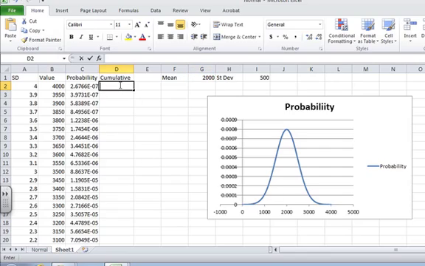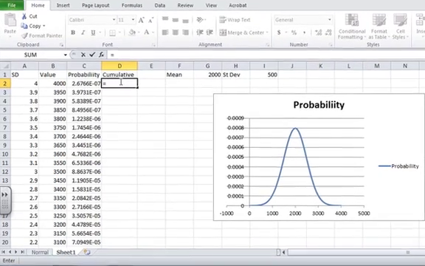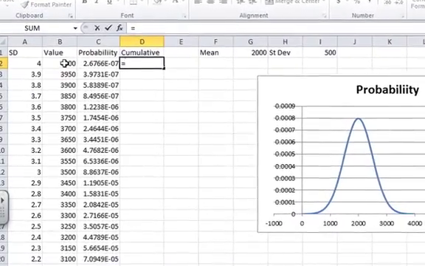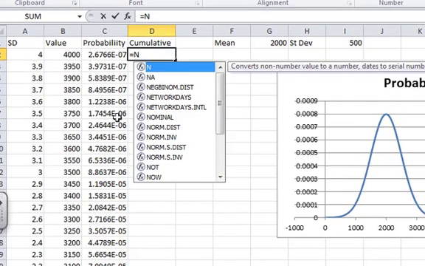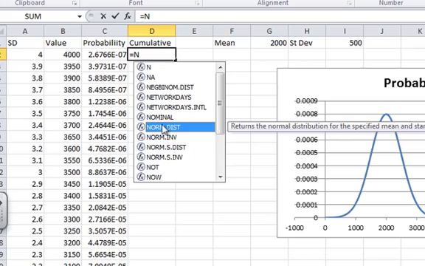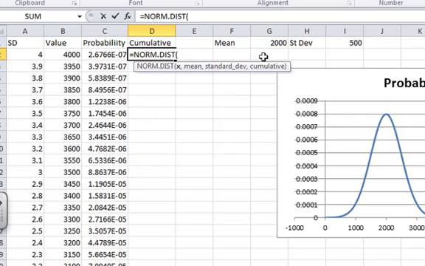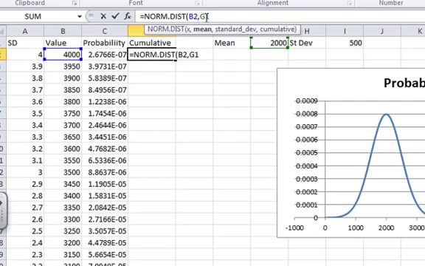Now, going back over here, I'm going to do the same formula that we did before. So this is going to be equals norm distribution, and again we're going to put in cell B2, the mean, the standard deviation, and I'm using the global reference again.